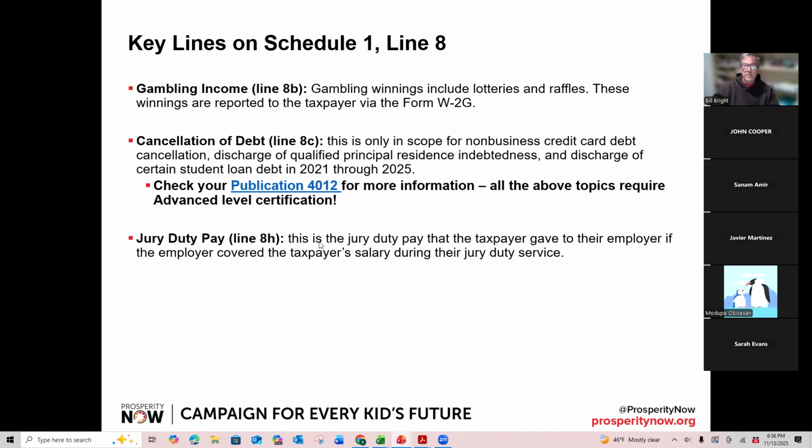Cancellation of debt, we do see a fair amount of that. We can only deal with non-business credit card debt, which again we see fairly often. The rationale is, if you owe $2,000 to Chase, and Chase forgives the credit card balance, you're going to get the 1099-C, which shows the canceled debt of $2,000, and that is considered income.